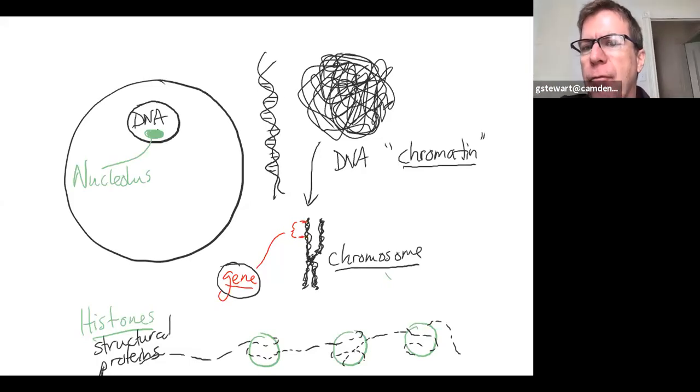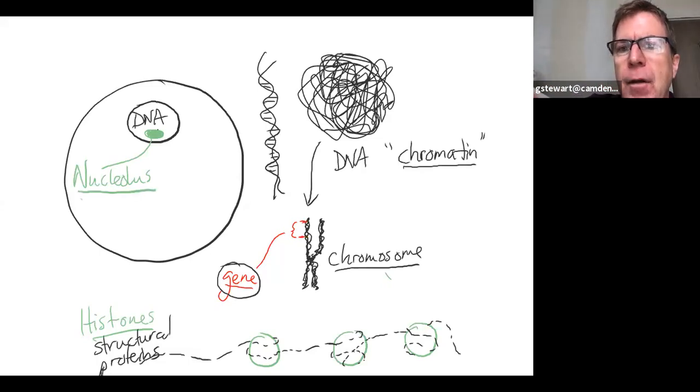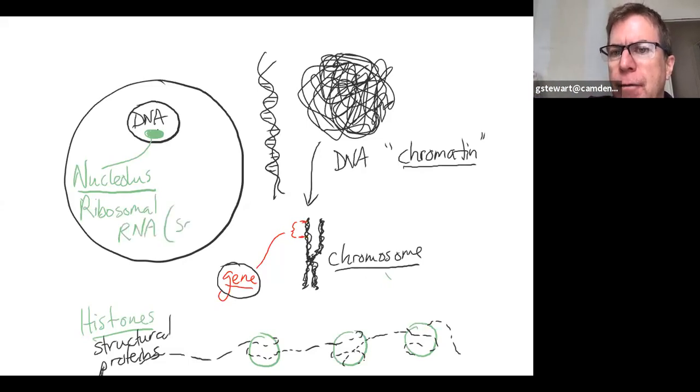So in the nucleolus, it's a specific area that houses ribosomal RNA. That's because it's the software for making ribosome structures. So I'm just writing software for synthesizing ribosomes.